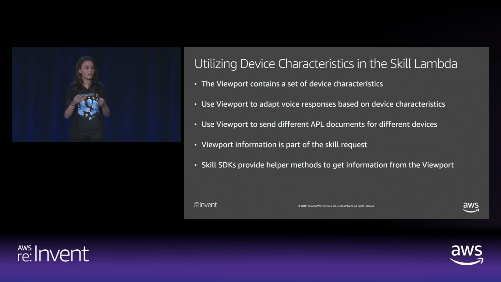And then we have different inputs that it can take in. Is it touch? Does it use a remote to click? Varying things like that. So again, this information is a part of the skill request, but we offer it in a nice, packaged, neat, accessible way in the SDK, so you can utilize that information within your skill.